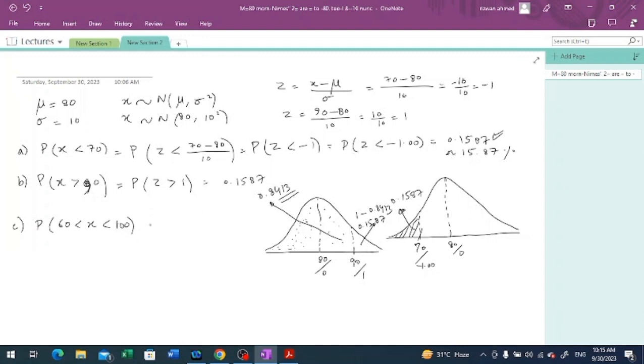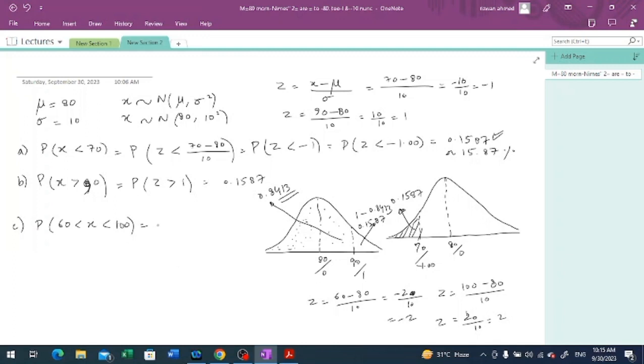So if we transform these two values one by one to z, 60 take away 80 divided by 10 would give us minus 20, and then divided by 10 will give us minus 2 exactly. And then 100 minus 80 divided by 10 equals 20 divided by 10, which gives us 2.